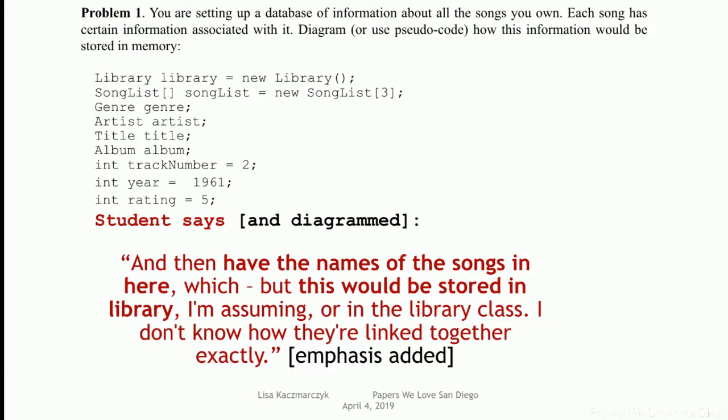That's true. What they are doing is assuming a relationship that does not exist. There is a library, and because in their mind there's also a list of songs, or an array of songs, depending on how they're interpreting this, the songs must be stored in the library. They were making this connection: library, songs, oh, songs must go in the library.